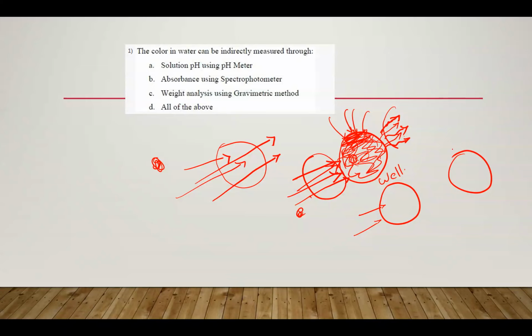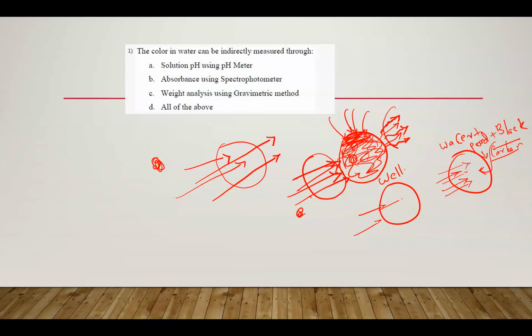Here you take pond water, and you can also add things that absorb the light, like black carbon. Yes, they absorb much of the light.